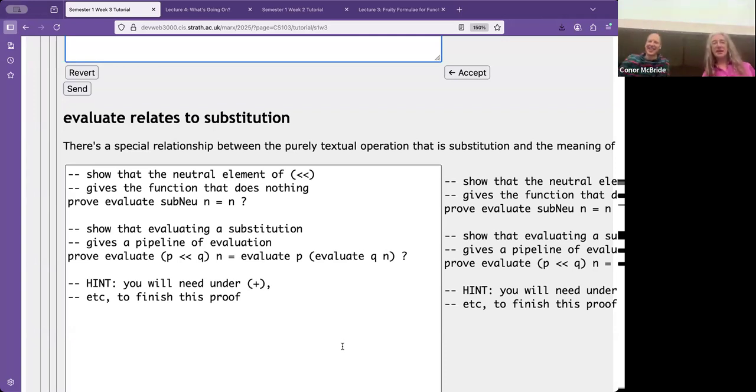And likewise, when you evaluate the result of substituting two formulae as pieces of text, you get the function that actually pipelines the computations done by the two formulae. So putting formulae together in a row gives you computations that come together one after the other.